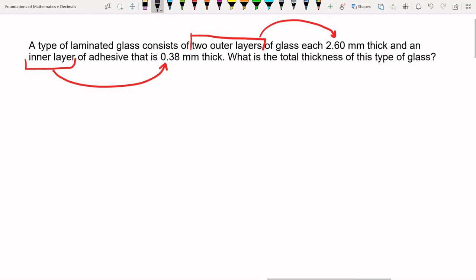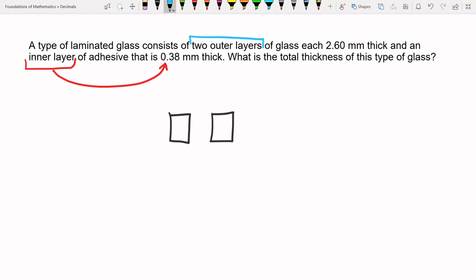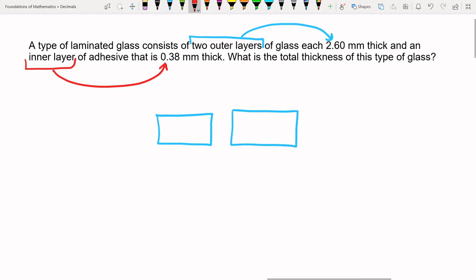So we have 2 outer layers that are 2.6. Let me draw a little bit better here. And then an inner layer. It's like that.